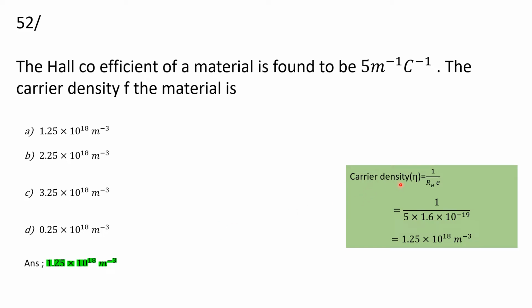So the carrier density is given by 1 by R_H e. So by putting the value we can find that the carrier density will be 1.25 into 10 to the power 18 per meter cube. So the answer is 1.25 into 10 to the power 18 per meter cube.